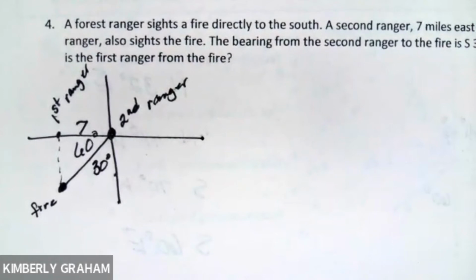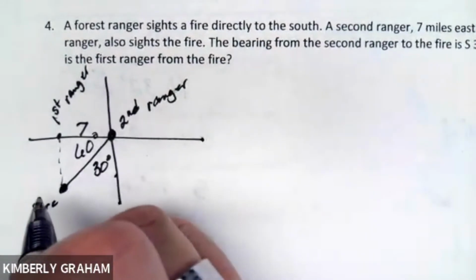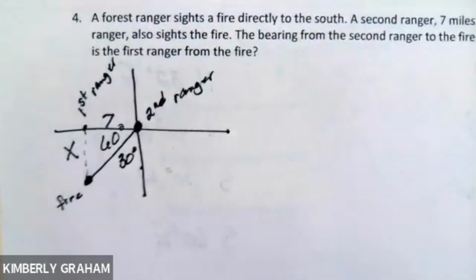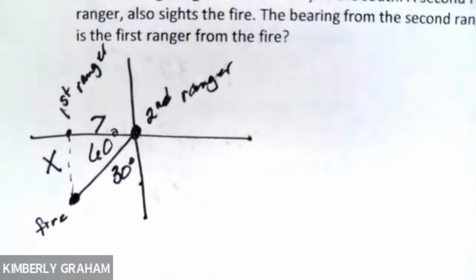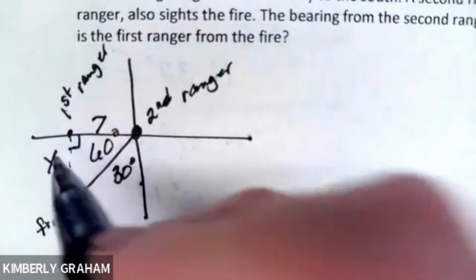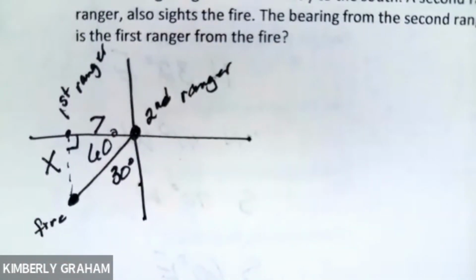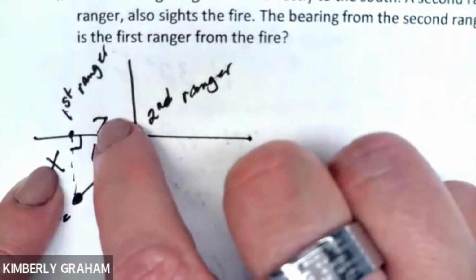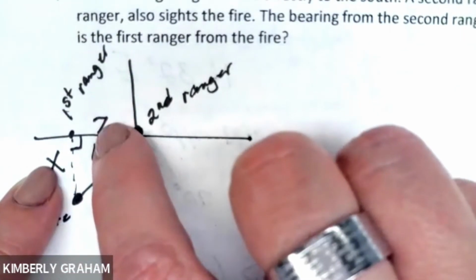So I want to know how far the first ranger is from the fire. So I think this problem is interesting because it's all about drawing your picture. Once you draw your picture, then you know that you're looking at this side length and you know this angle measure and you know that side length.